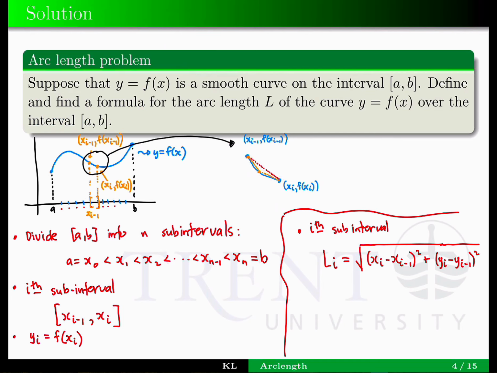Then we can factor out (x sub i minus x sub i minus 1) squared so that we can write this as the square root of (x sub i minus x sub i minus 1) squared times the quantity 1 plus (y sub i minus y sub i minus 1) divided by (x sub i minus x sub i minus 1), quantity squared.